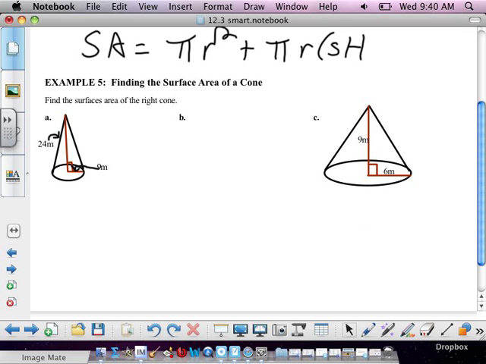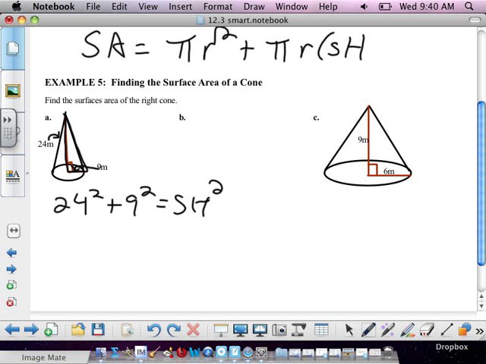So we've got 24 as the height and 9 as my radius. How am I going to figure out what my slant height is? Is this where you do the half? This is if they gave us the diameter, we'd have to do the half, but it gave us the radius. So do you see that this makes a right triangle right there? It's just 24 squared plus 9 squared equals slant height squared.